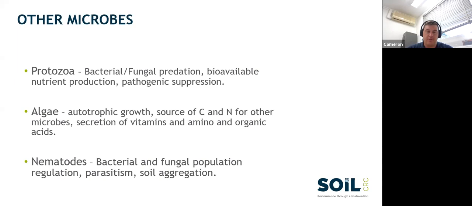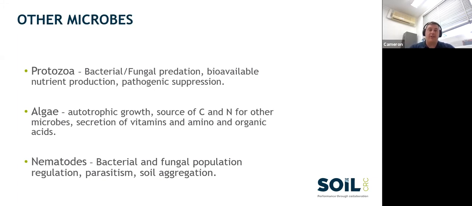But it is important for protozoa to exist for bacterial predation, the feeding on the pathogenic bacteria and fungi to stop their growth. And then by feeding on these, they allow for a different form of nutrient to be available to other microbes. So they eat the bacteria and then convert the cells into bioavailable nutrients.